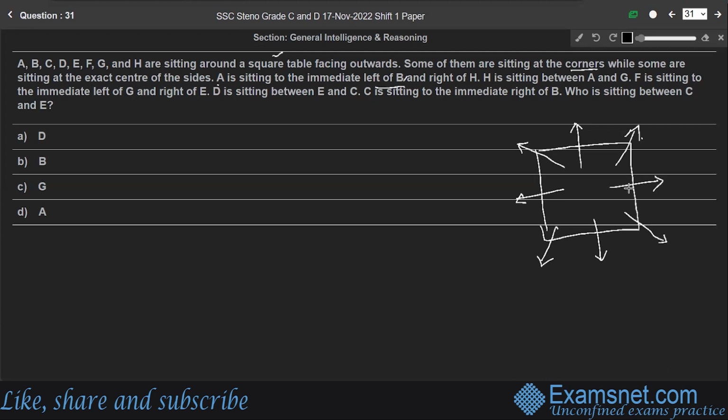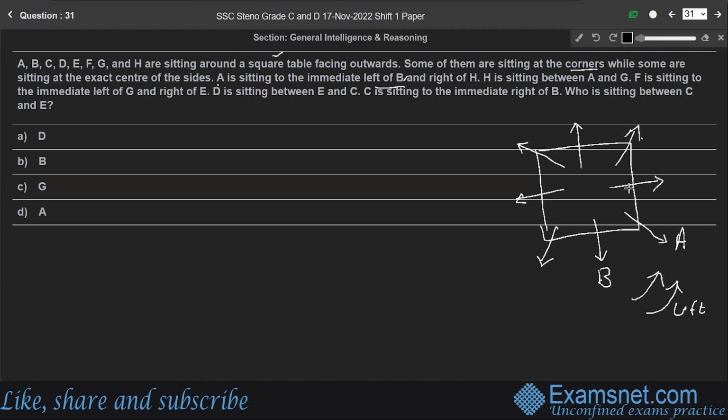Since all 8 persons are facing outwards, their left means this direction, the anti-clockwise direction, right? It is given that A is sitting to the immediate left of B. So if A is sitting here, B's position will be here, right? So B's left means the anti-clockwise direction, right?